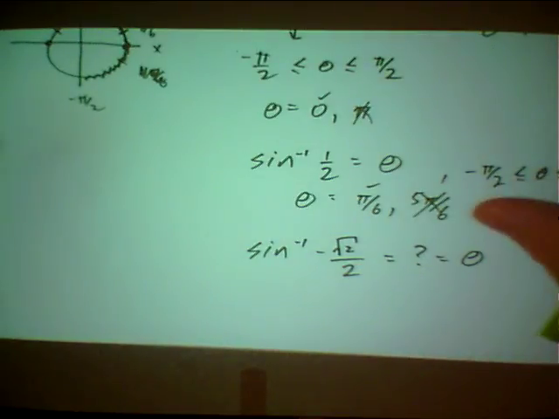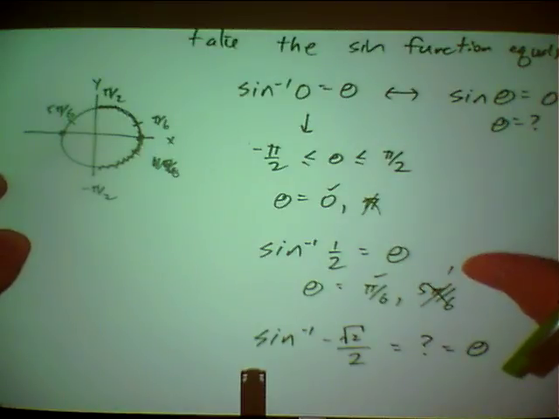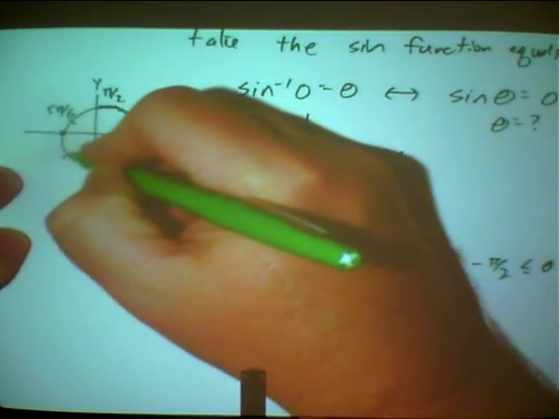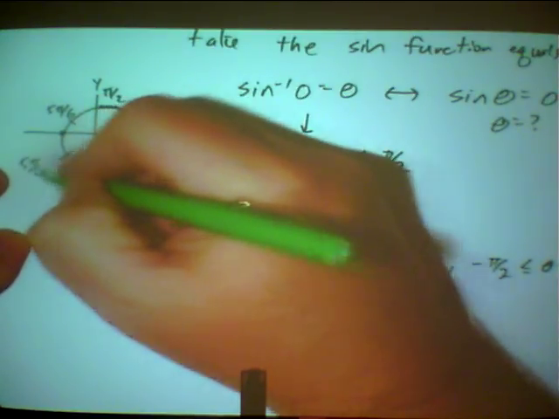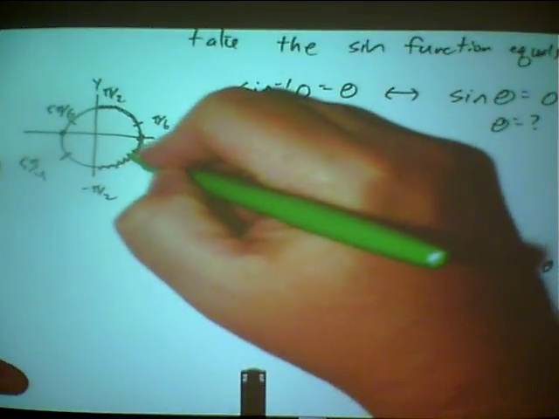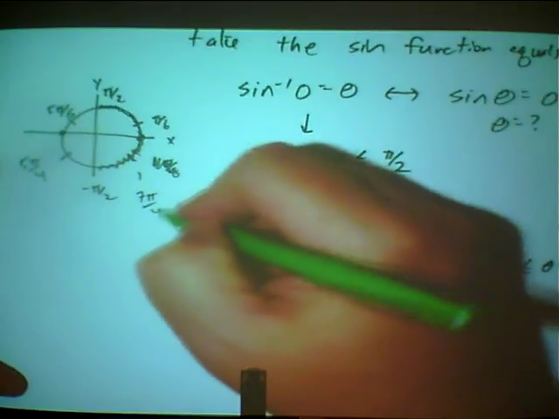So I go back to my unit circle and I say, okay, where is the sine negative square root of 2 over 2? And actually, I know down here, at this point, this is 5 pi over 4. The sine is negative square root of 2 over 2. And then over here at 7 pi over 4.